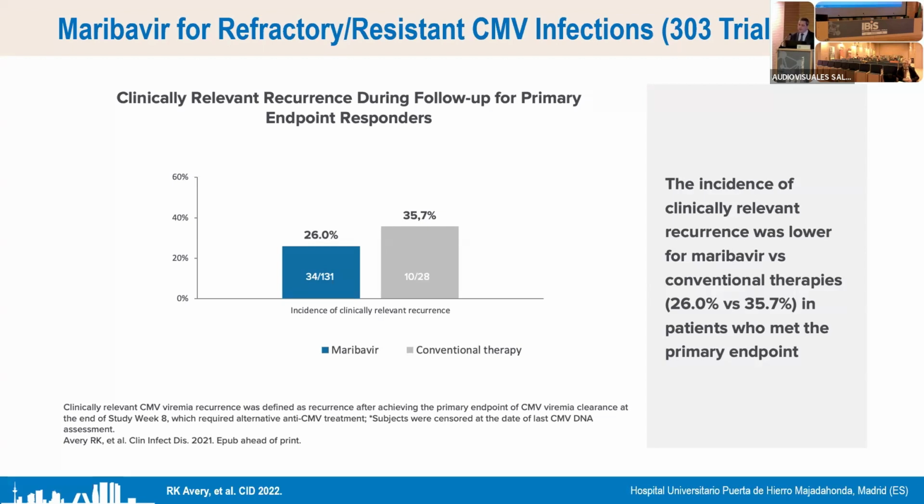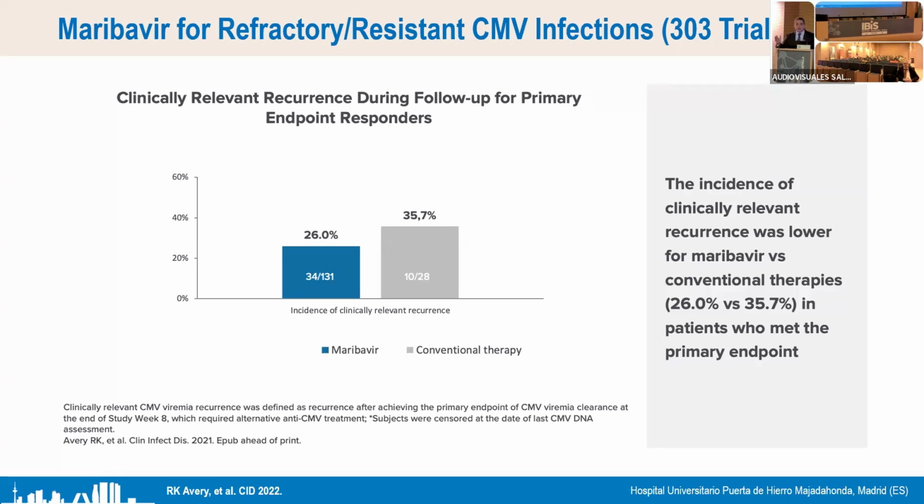So recurrence in conventional therapy is significantly higher than recurrence with maribavir. If you treat it with your second line X and then you stop treatment because you control the infection, it is more likely to bounce back than if you do the treatment with maribavir.